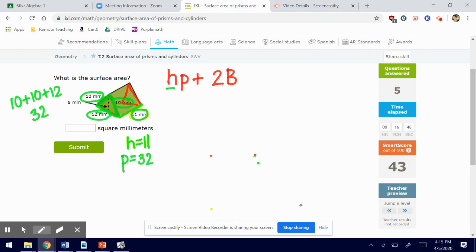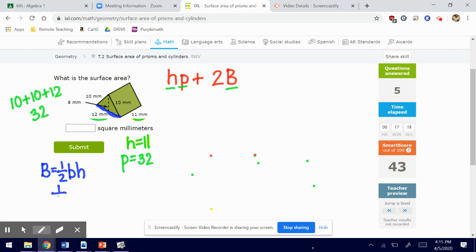So I've got my H, I've got my P, now I need my big B. Your big B is going to be the area of that triangle. I'm going to erase some of this right now because I want us to really be able to see this triangle. So I need the area of this triangle. The formula for the area of a triangle, I'm going to put down here, is 1/2 times base times height. The base is this right here, the bottom of the triangle.